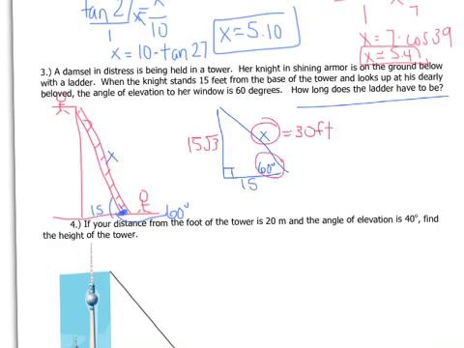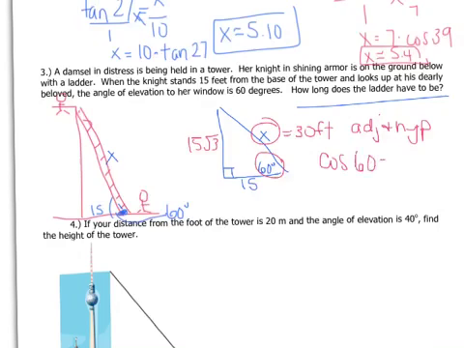So with respect to the 60-degree angle, we have the adjacent side and we have the hypotenuse. Adjacent and hypotenuse leads us to cosine. So cosine of, it's not 90, but 60, sorry.